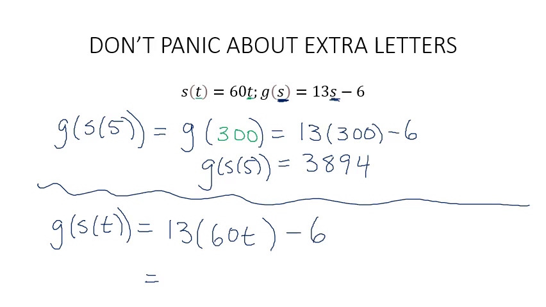So it will be 13 times 60 times t, which is 780t minus 6. So in general, g of s of t, if my input is t, my output is 780t minus 6.